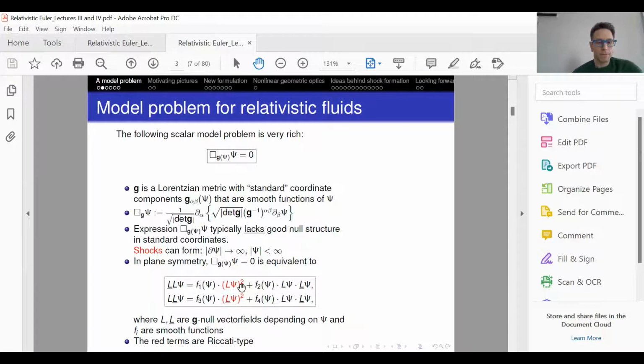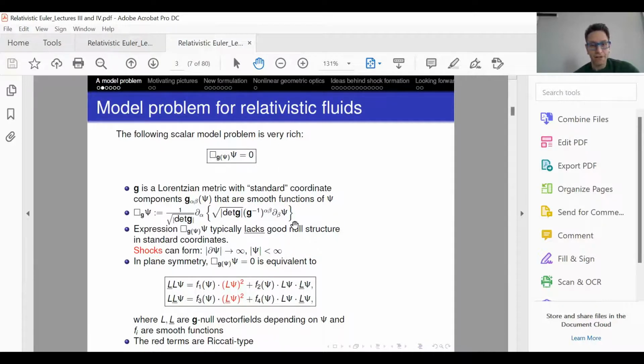The main point is that you have these bad terms generically, and they're hiding in the definition of box. Then the question is, when you're actually trying to treat relativistic Euler, and you have zero, or if instead of zero you have other things, how do you treat them? It turns out that all of the other terms are effectively not Riccati type.